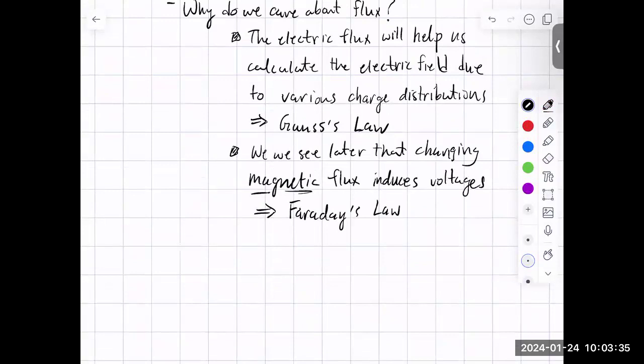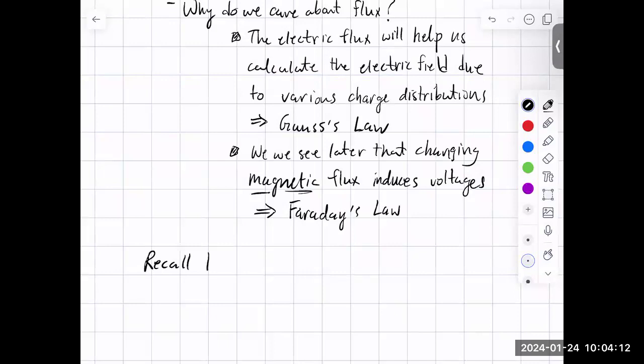Then we decided that it's more convenient to draw these electric field lines as continuous lines, as long as we made the important identification that in a region of space, it's the density of the electric field lines that determines how strong the field is. If you have a little patch of space of some area and we calculate the density of the electric field lines through that area, that tells us how strong the field is.